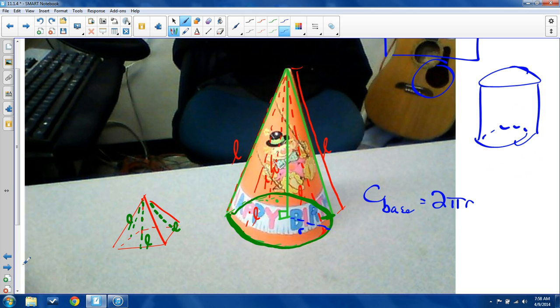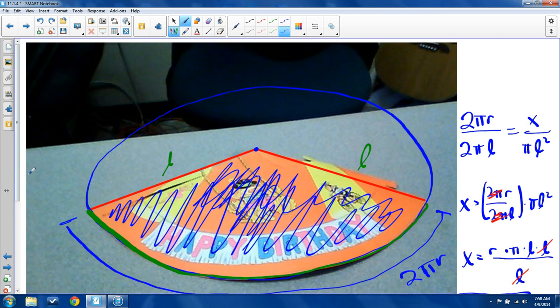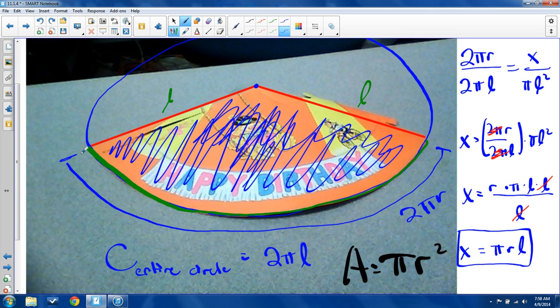So if we were to unfold the entire thing with a base bottom, it would have this portion right here, let me make this all one red, plus the bottom, which is a circle. Okay? So this would be a part of your net. If you were to draw an entire net, it would be this red plus this red. And this red, remember, has a radius of r. So this is where the r comes in.